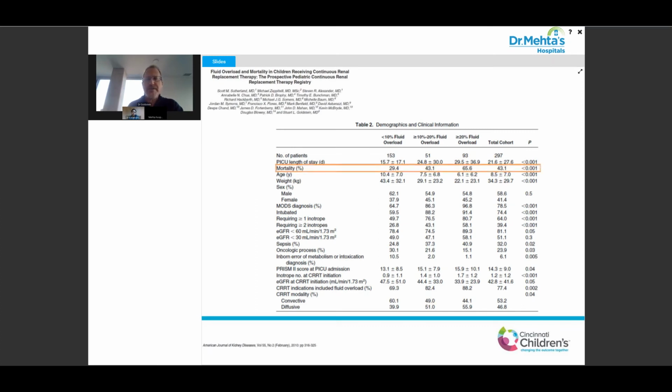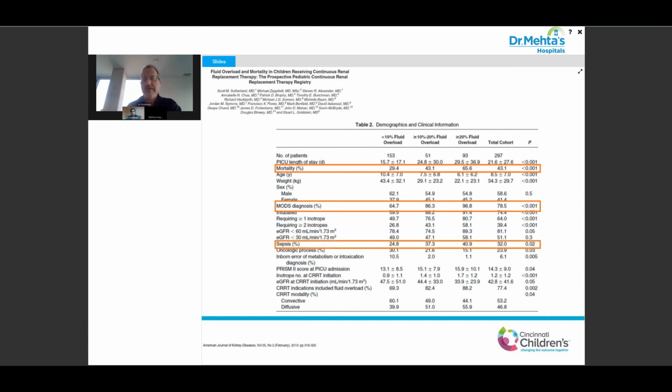And what you can see is mortality increased with each fluid overload strata. And while the rate of multi-organ dysfunction syndrome was greater in the middle fluid overload group compared to the least fluid overload group, there was no statistical difference between the middle and the most fluid overloaded group.